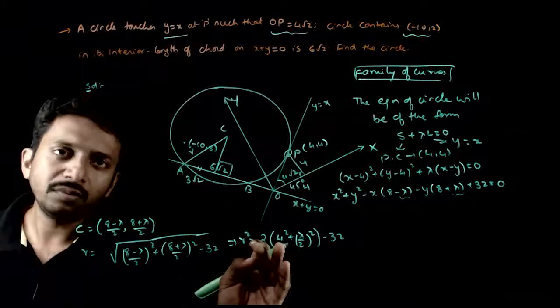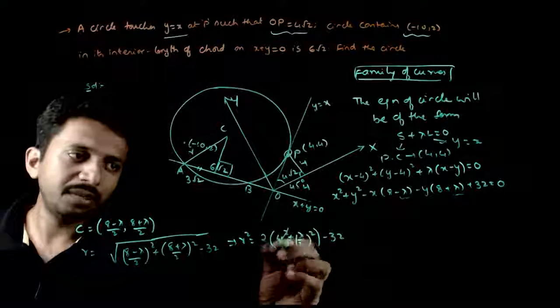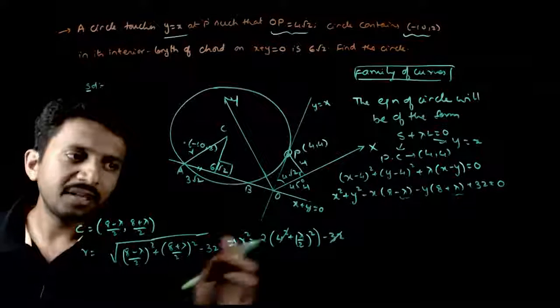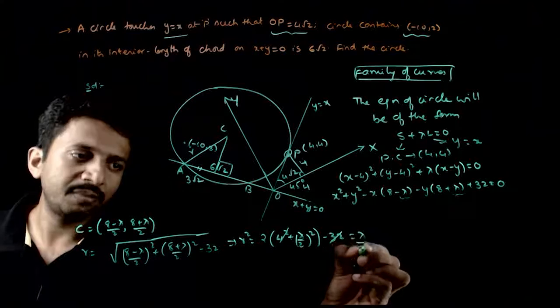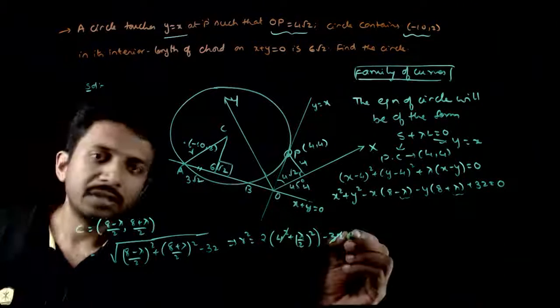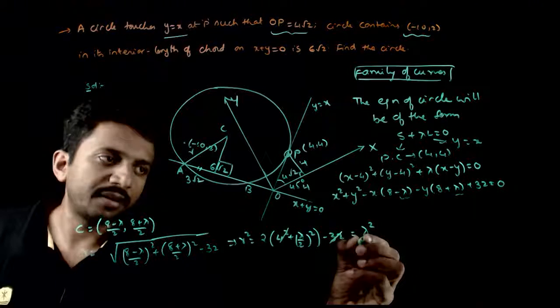So 2 into 16 is 32, and minus 32 cancels. So lambda square by 4 into 2 gives lambda square by 2.